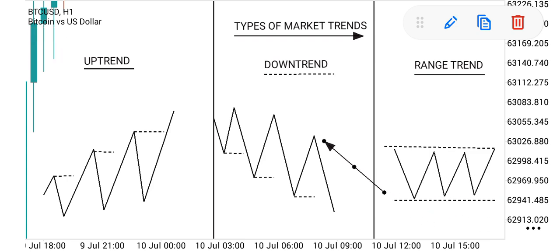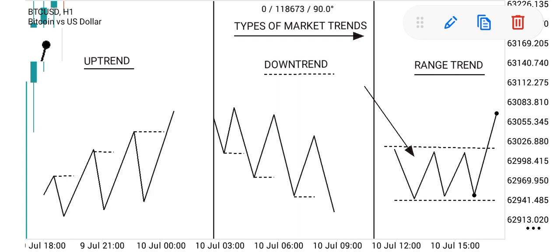The only time you could decide to trade this is when the market does something like this. For instance, the market now breaks structure. It breaks the resistance zone. Now the market has given you a clue that, okay, now I'm moving to an uptrend. Why?